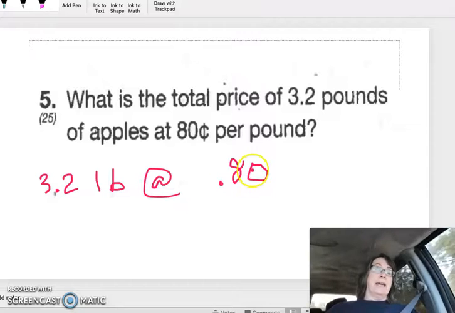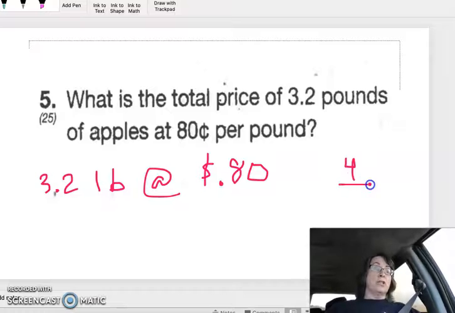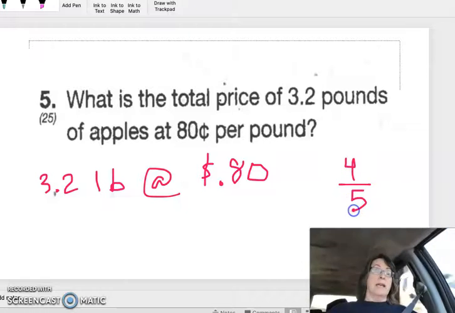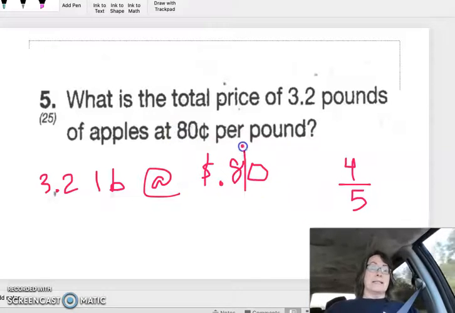I could say that 80 cents is 80/100ths of a dollar, and 80/100ths would be 4/5. So I could change 80 cents to 4/5, and I could multiply 3.2 by 4/5. But I think the easier way is just to realize that 80 cents is the same thing as 0.8.